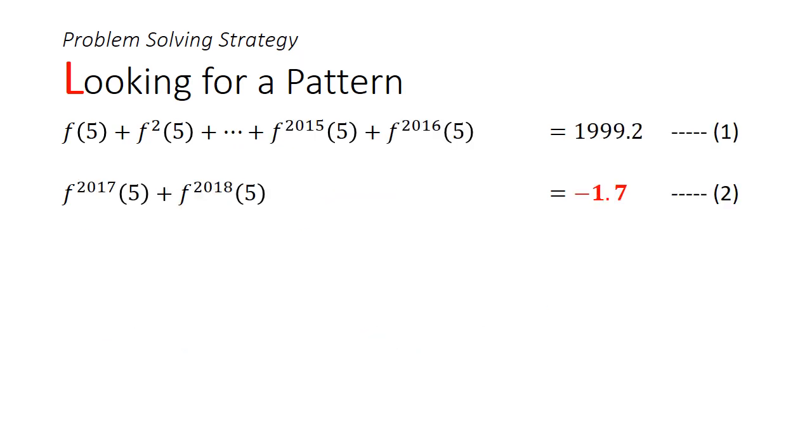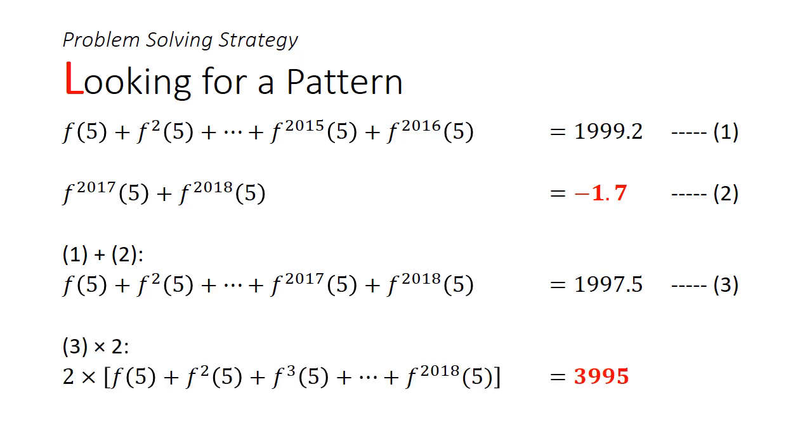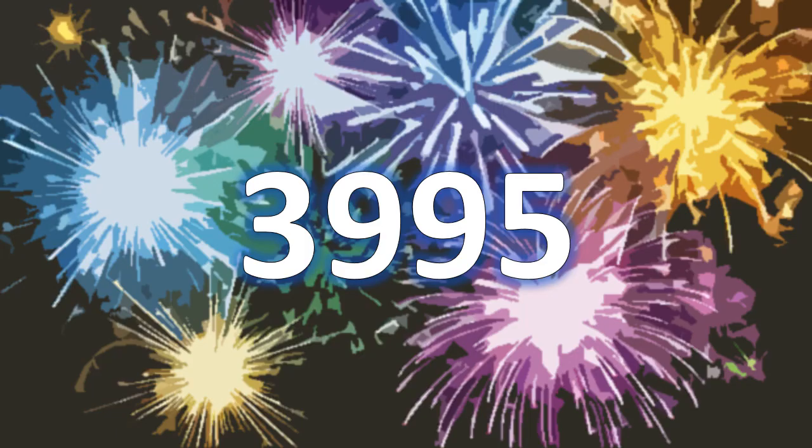The last 2 terms of this series will give us negative 1.7, and this gives us a total of 1997.5. Multiplying the entire result by 2, we will get a total of 3995 for the expression that we wanted. So, did you get the answer?